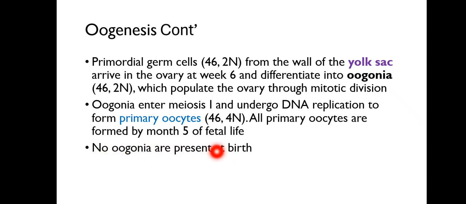Remember, in males, primordial germ cells had to resume the process of spermatogenesis and form spermatogonia, so spermatogonia were present after birth. But in females, there is no oogonia at birth. Why? It's because the oogonia undergo DNA replication to form primary oocyte. So no oogonia is present at birth.